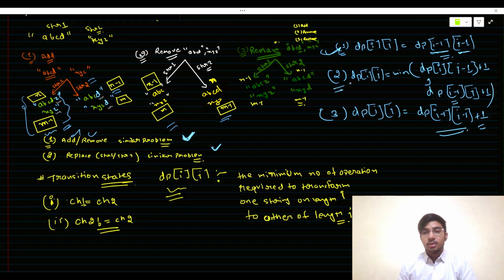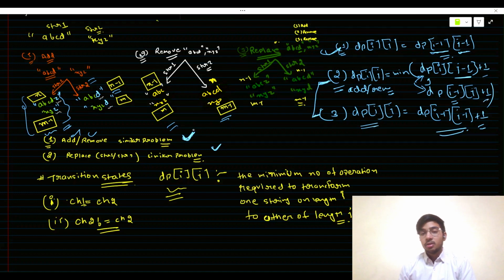If they are not matching, I have two options: whether I could replace or whether I could add or remove, right? If I reduce the length of the second string, the length of the second string may reduce if I do the operation. If I do the operation, the length of the first string would be reduced, right? There are two options that I could have, and I have to add one because I do an operation.